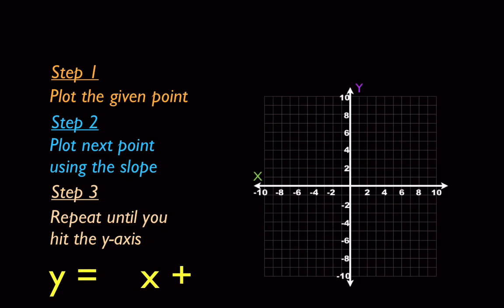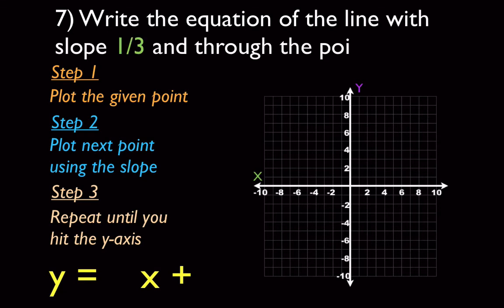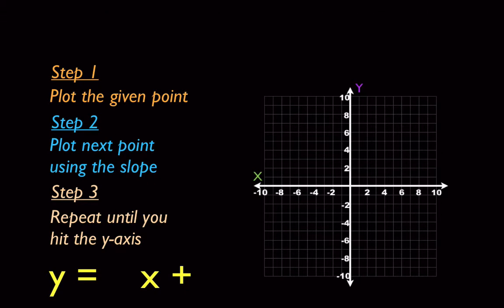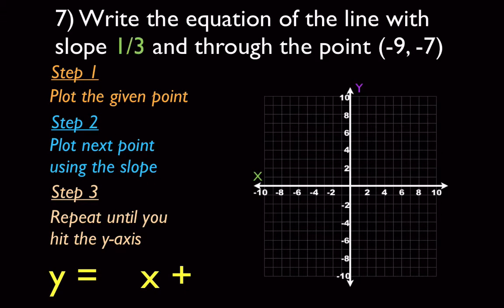Okay, let's move on to the next problem. Problem number 7. Write the equation of the line with slope 1/3 through the point negative 9 comma negative 7. Alright, so hopefully you knew that 1/3 is going to go in front of the x because that's our slope.